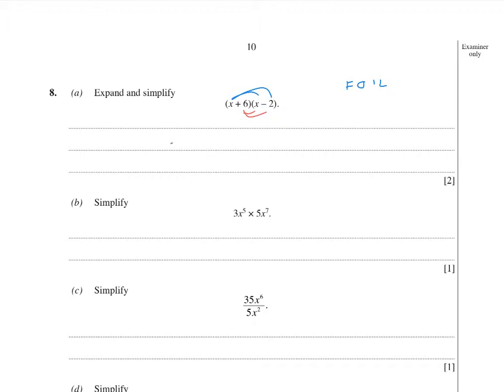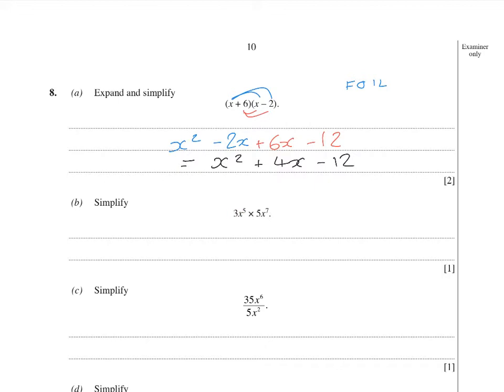So x times x gives me x squared, x times minus 2 gives me minus 2x, plus 6 times x gives me plus 6x, and then plus 6 times minus 2, positive times negative, different signs, is going to give me minus 12. So if I summarise all that, there's only one x squared term, so it's just x squared. Minus 2x plus 6x gives me plus 4x, and then the minus 12 remains the same.